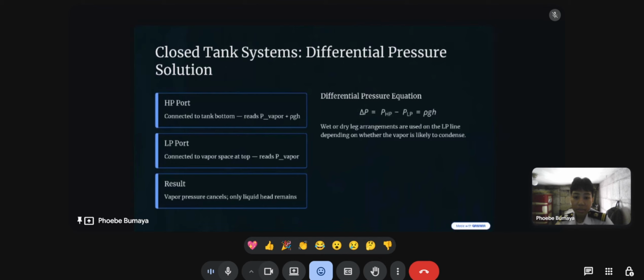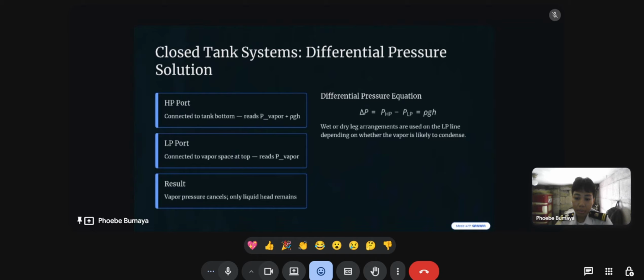So for the closed tank differential pressure solution, the high pressure port connected to the tank bottom reads P vapor plus density times gravity times height level. The low port connected to the vapor space at the top reads P vapor.